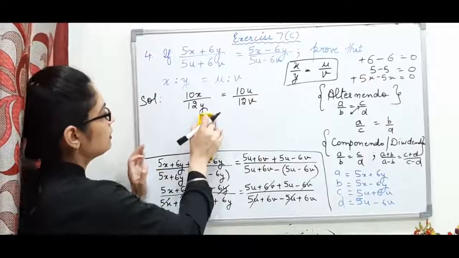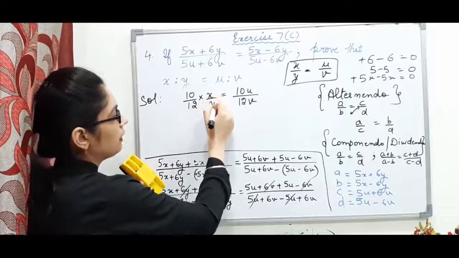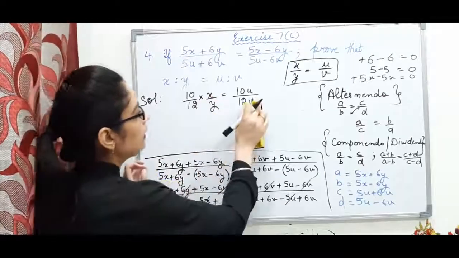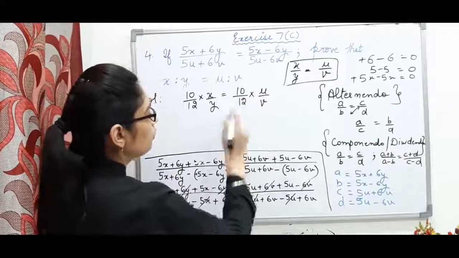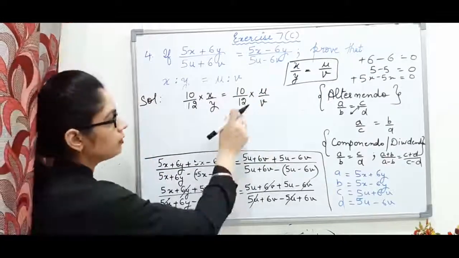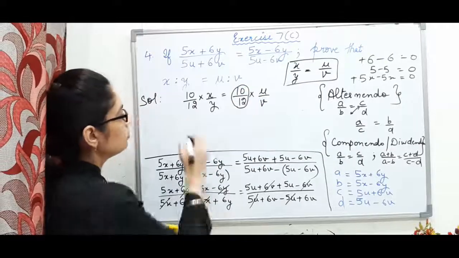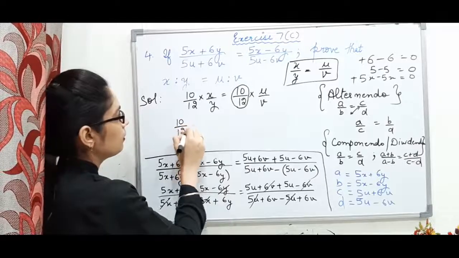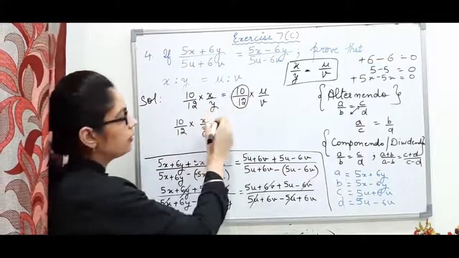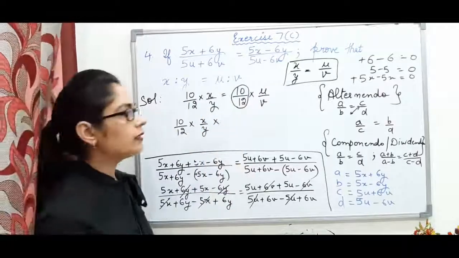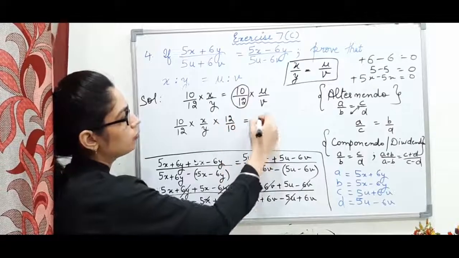Now if we see, this is like 10 by 12 into x by y, and this is like 10 by 12 into u by v. So one of these fractions we can shift to the other side. So 10 by 12 into x by y, if I shift the fraction to this side, it will be changed to its reciprocal, so it will be changed to 12 by 10 equals u by v.